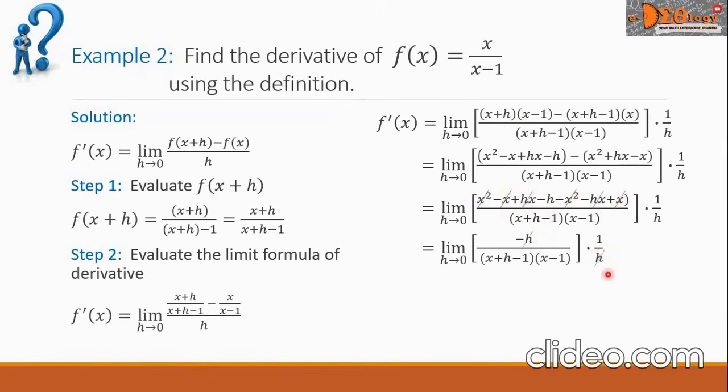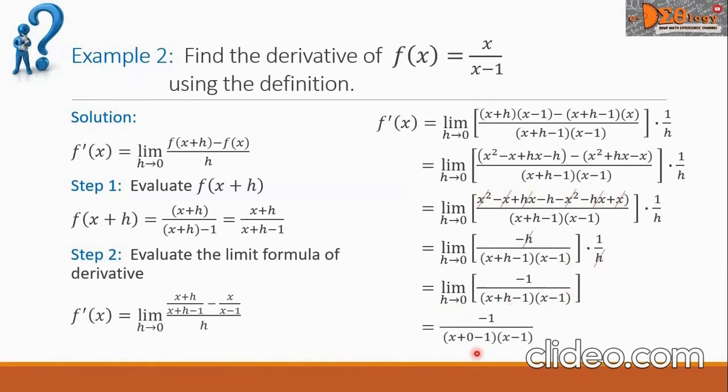So writing again our fraction, the simplified form into negative 1 all over this denominator. Now let us evaluate the limit as h approaches 0. It means we are now to substitute 0 to this value of h.